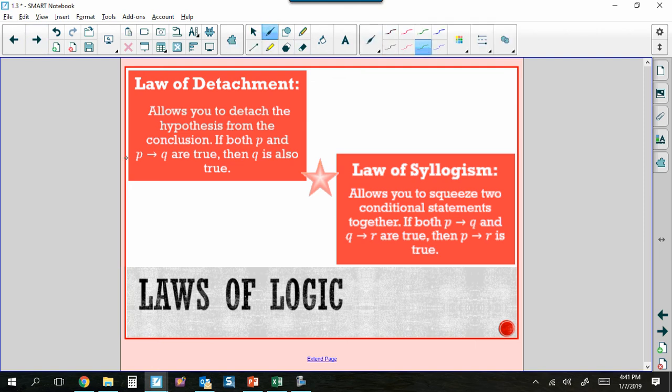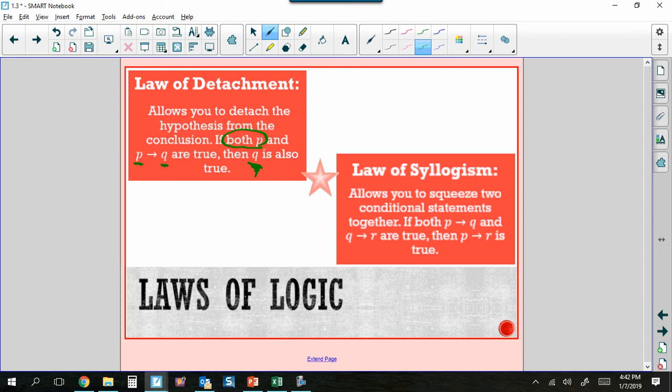So basically, if P then Q is true, and part P of a statement is true, then you're able to detach P and Q. You'll be given a statement about P, so your conclusion would be something specific about Q. This is deductive reasoning. If you have a general conditional statement in if-then form, then something specific about the hypothesis, the P part, you will then say something specific about that situation for the conclusion, or Q.